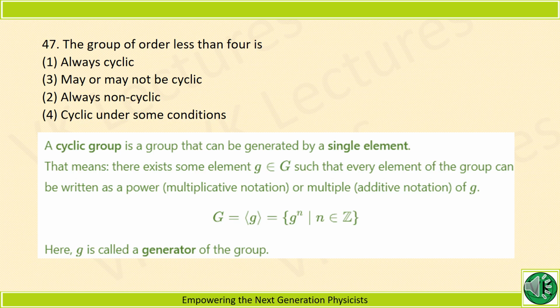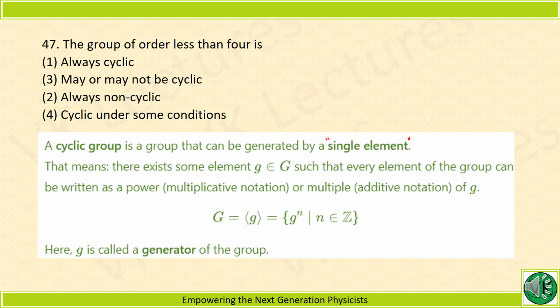Now let's see what is a cyclic group. Cyclic group is a group that can be generated by a single element. That means all the elements in the group can be generated by that particular single element.